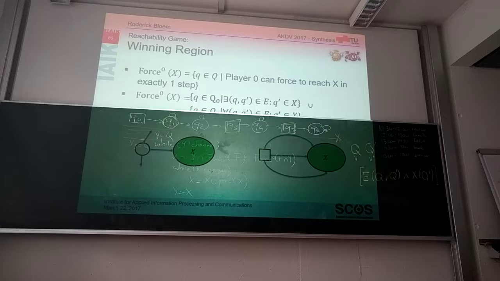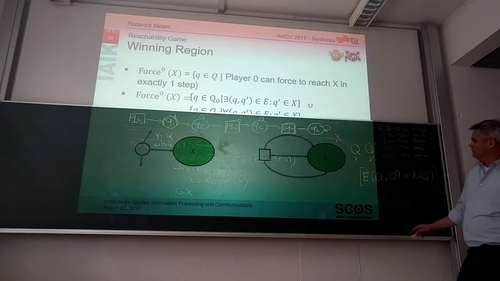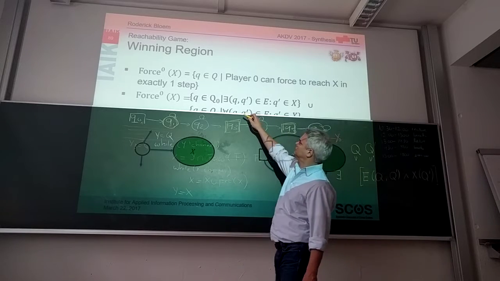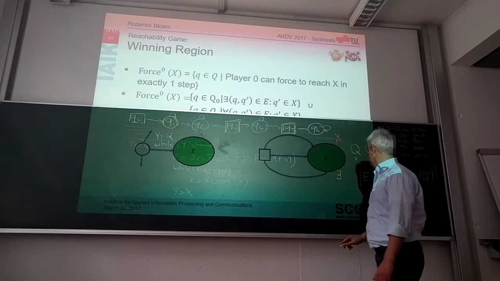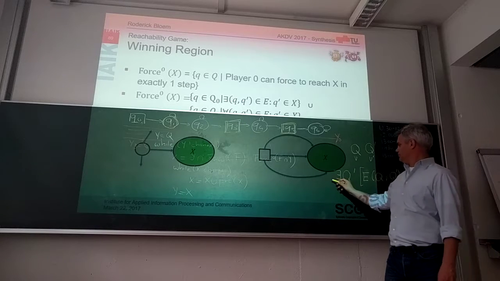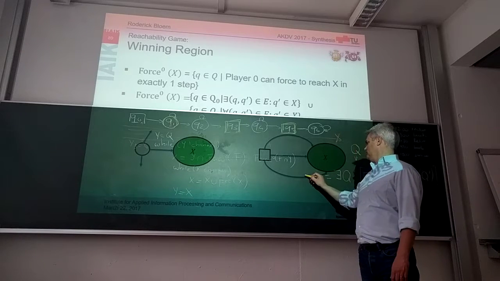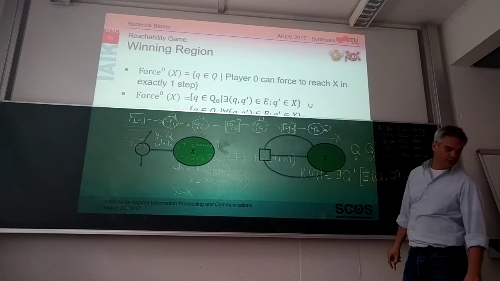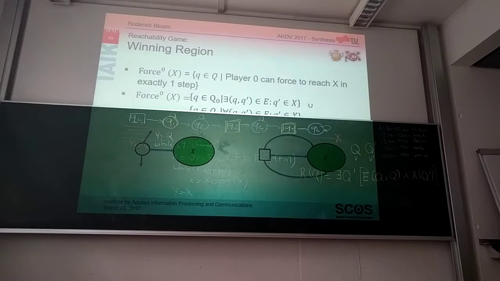You want to know from where can I get into X. So what you do is you existentially quantify out Q prime. And what you get is a formula, let's call it R, in terms of variables Q. So maybe I should have taken 2 slides to explain this. But this is the basic idea.